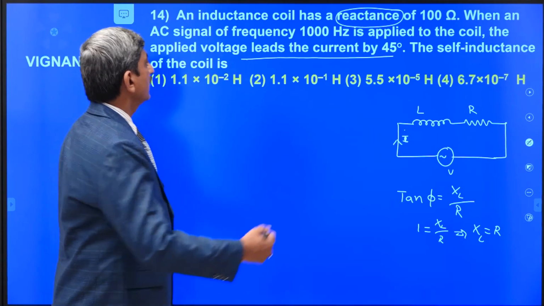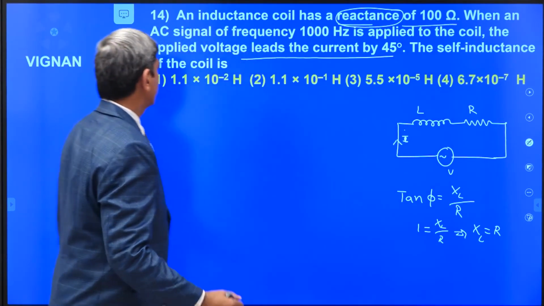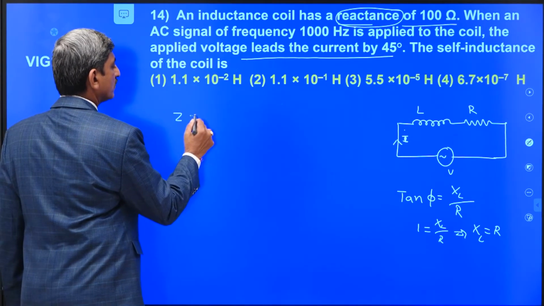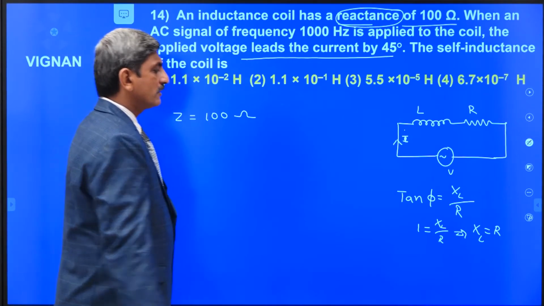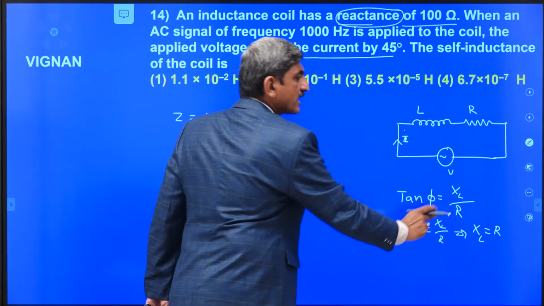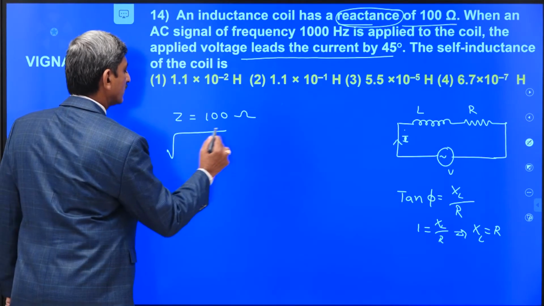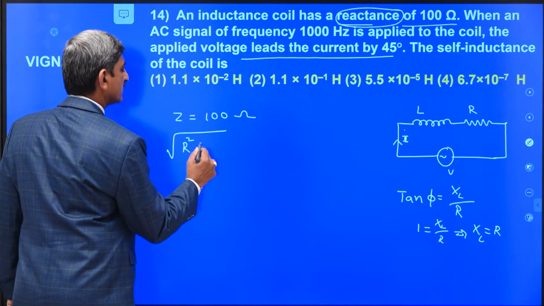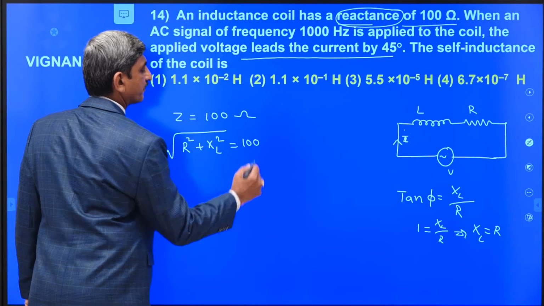Next, here the impedance of the coil is 100 ohms. So impedance Z is equal to 100 ohms. If XL is the reactance value and R is the resistance of the coil, the impedance of the coil is given by root of R square plus XL square. This is given as 100 ohms.